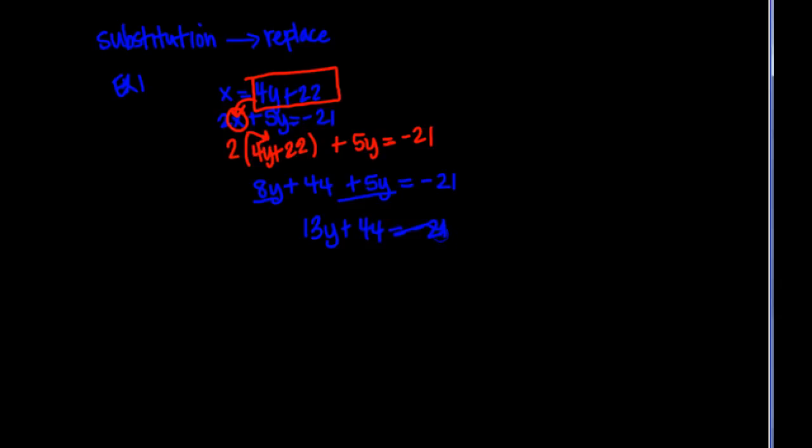All right, so now let's go ahead and solve here. So I'm going to move the 44 over and then divide by 13. Those are my steps to solve. Remember, adding or subtracting to move, and then multiplying or dividing to get y by itself. So I'm going to subtract 44 from both sides.